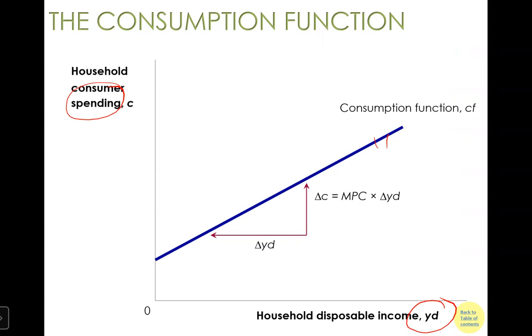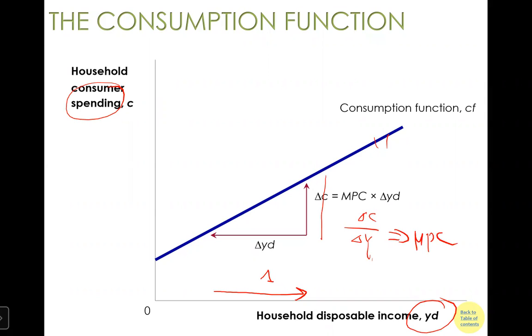How do we understand that? The slope says, if I increase the horizontal axis by 1 unit, by how much does the vertical axis increase? That's the slope, which is delta C divided by delta Y. So that gives you MPC.